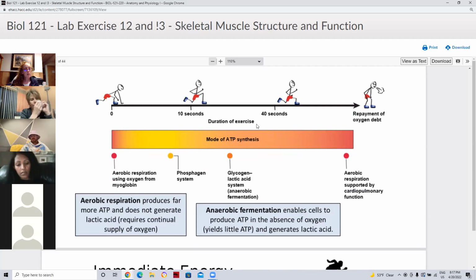After we start running low on oxygen, because it doesn't take very long, anaerobic fermentation will enable the cells to produce ATP in the absence of oxygen. This yields very little ATP, but generates lactic acid.